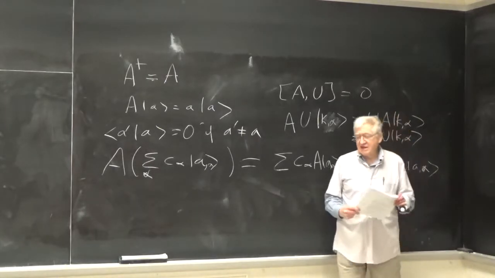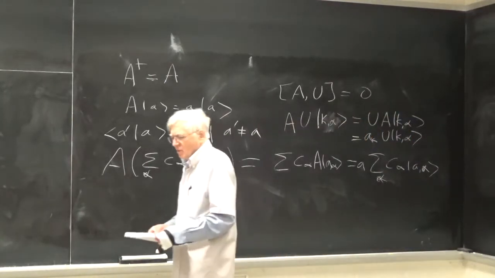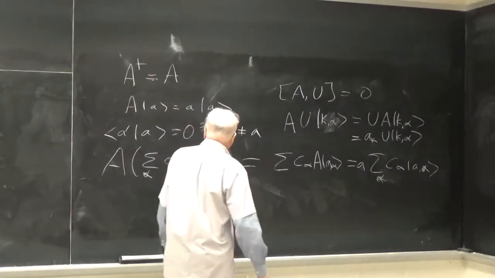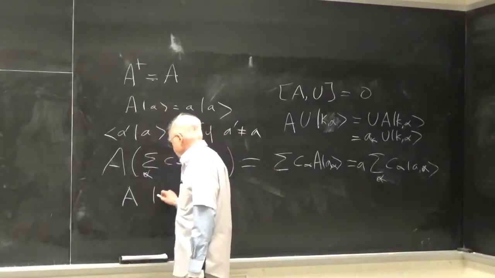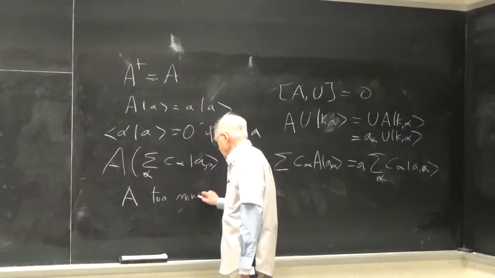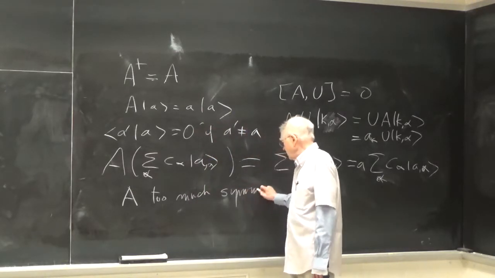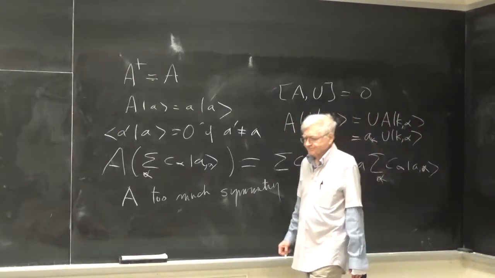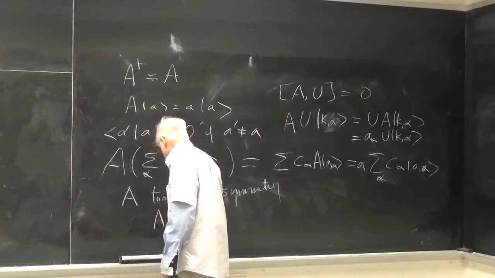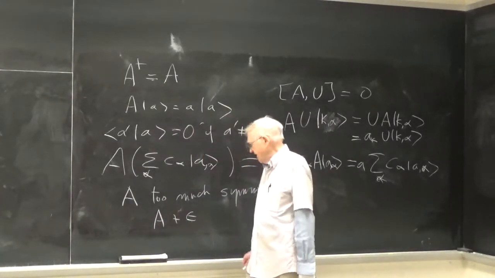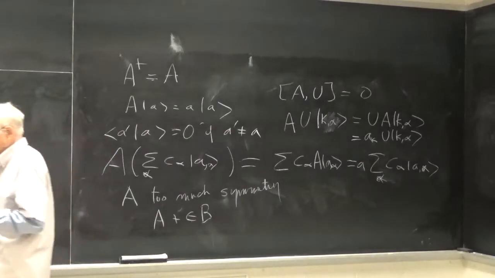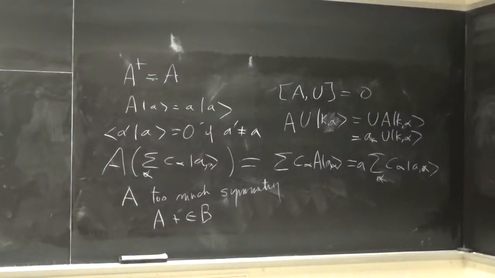Now, what is the right way to deal with this situation? Well, from the physics point of view, the right way to deal with it is to realize that if A has too much symmetry, then you can add to A a small number, say epsilon, times some matrix B, and the smart thing to do is to make the matrix B be one that has some physical significance in the problem.